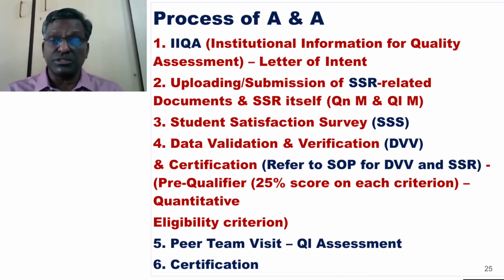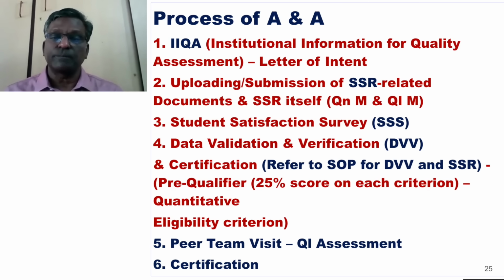The data that the institution has submitted and the third party's report should match more or less. There may be minor variations, not that variations are allowed. NAAC will contact you with the report of the third party and tell you there are some deviations, please explain or clarify.